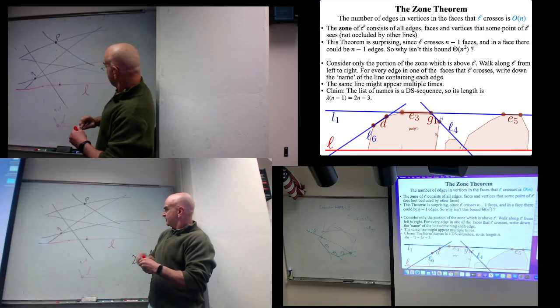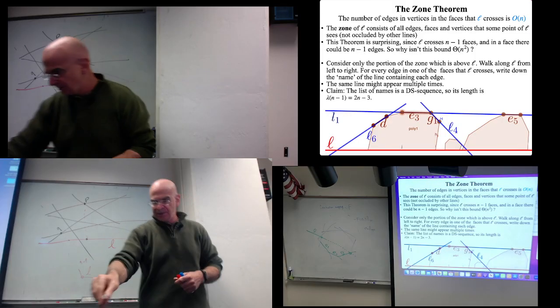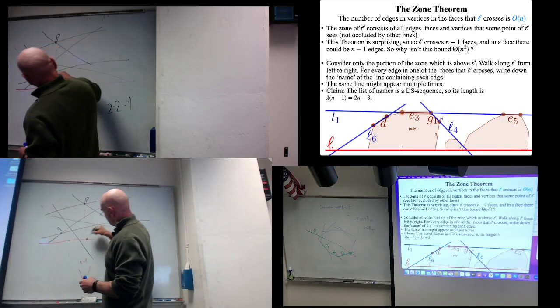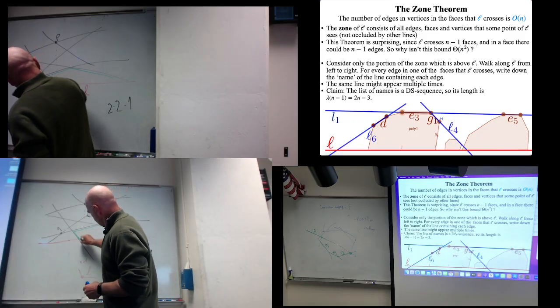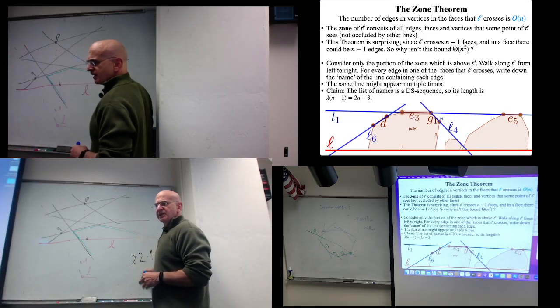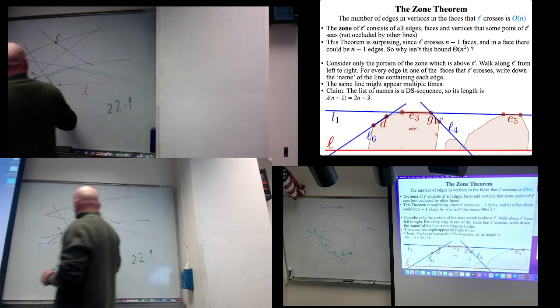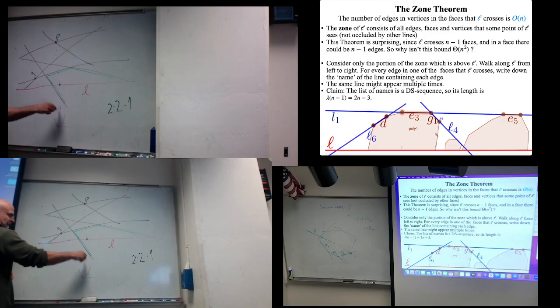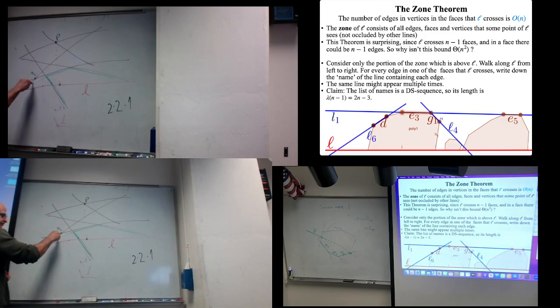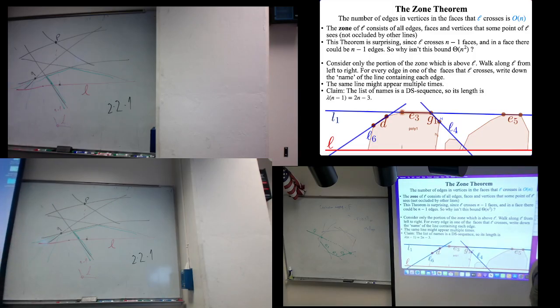Okay, so the zone of L in this case will be everything here. Some faces might go to infinity. That's absolutely fine. It will consist of this part, this part, this face that goes to infinity, and so on.